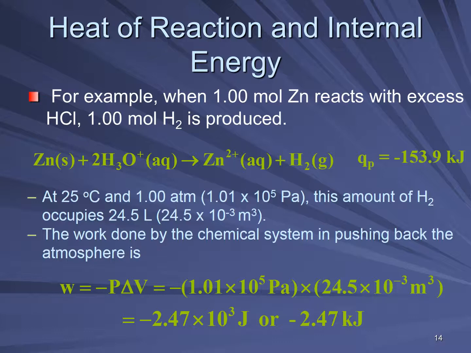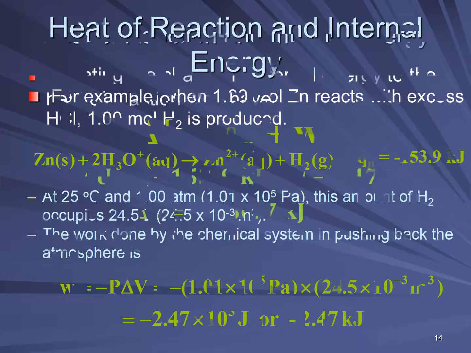So they're doing work, and you figure out that the amount of work done by the system is 2.47 times 10 to the third joules, or in other words, negative 2.47 kilojoules. So heat is being given off and work is being done by the system.